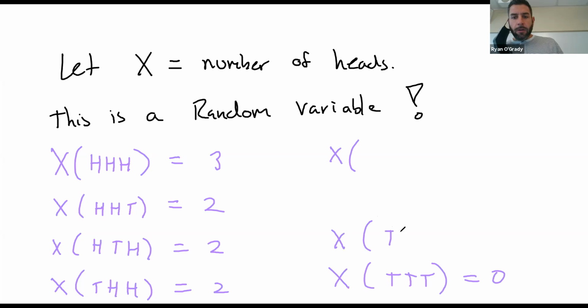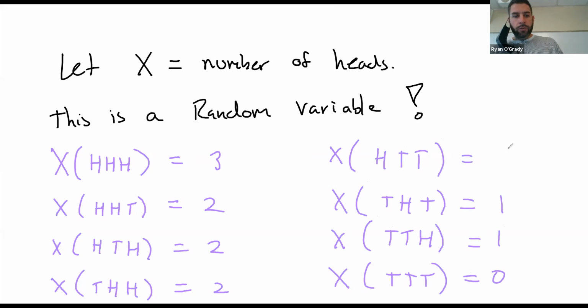Then there's tails, tails, heads. There's 1 head here. Then there's tails, heads, tails. Once again, 1 head. And then, of course, the last one was heads, tails, tails, which, of course, once again has 1 head.